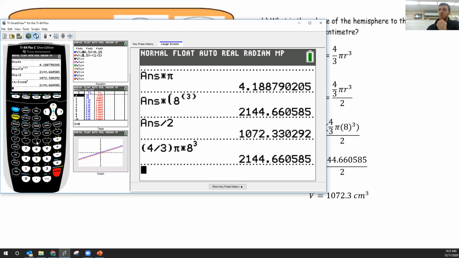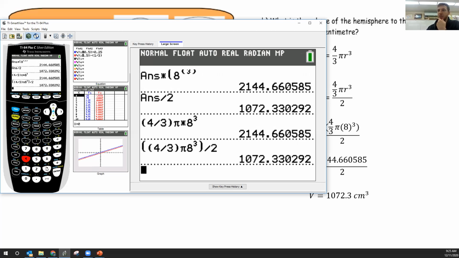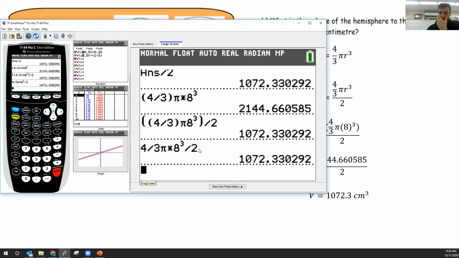So if you want to do it in one step, this is what it has to look like. Make sure you close the brackets and then hit divide by 2. If you don't, watch what happens if I just do it like this. Oh, it still worked. That's pretty lucky. So not too sure what happened with you guys.